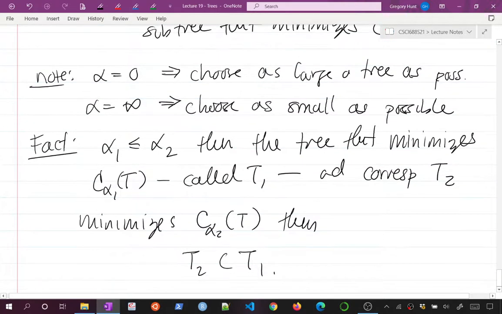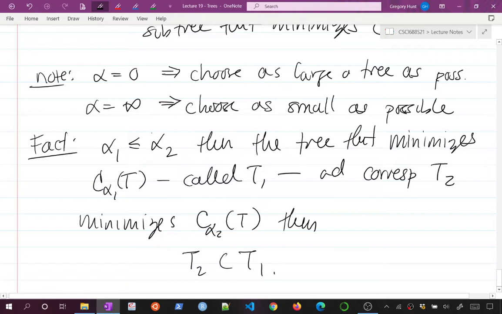So what am I saying here? If alpha is smaller, we penalize less, so we should have a larger tree. If the optimal tree that minimizes the RSS given alpha 1 is T1, and for another alpha that's bigger, the optimal tree over the search is T2, T2 is going to be a smaller tree than T1 because alpha 2 is larger.